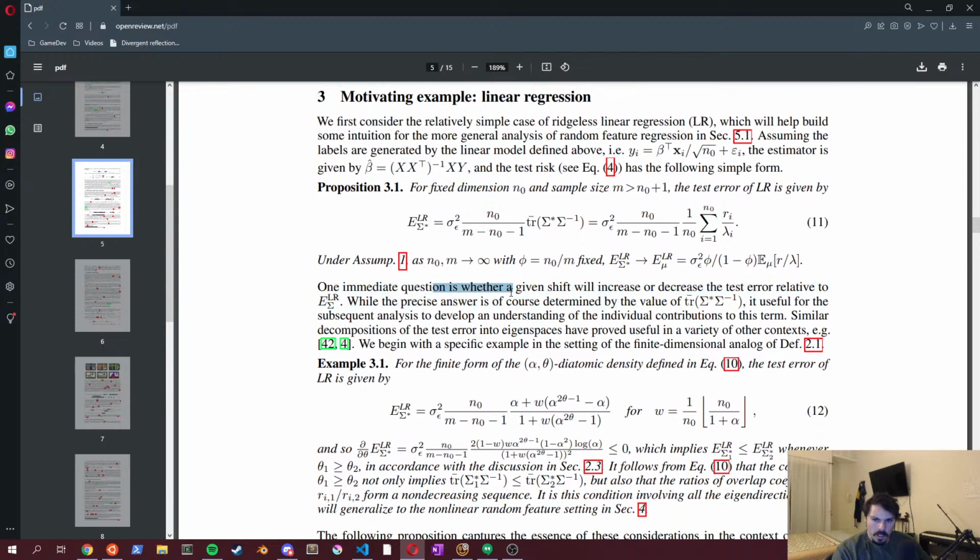So they say they can test whether a given shift will increase or decrease the test error relative to the training set error. The precise answer, they say, is determined by this thing.